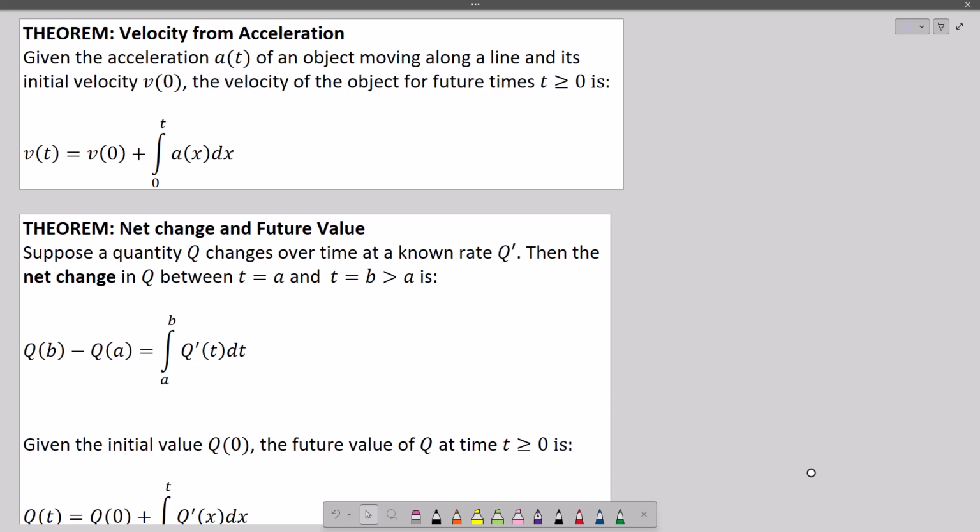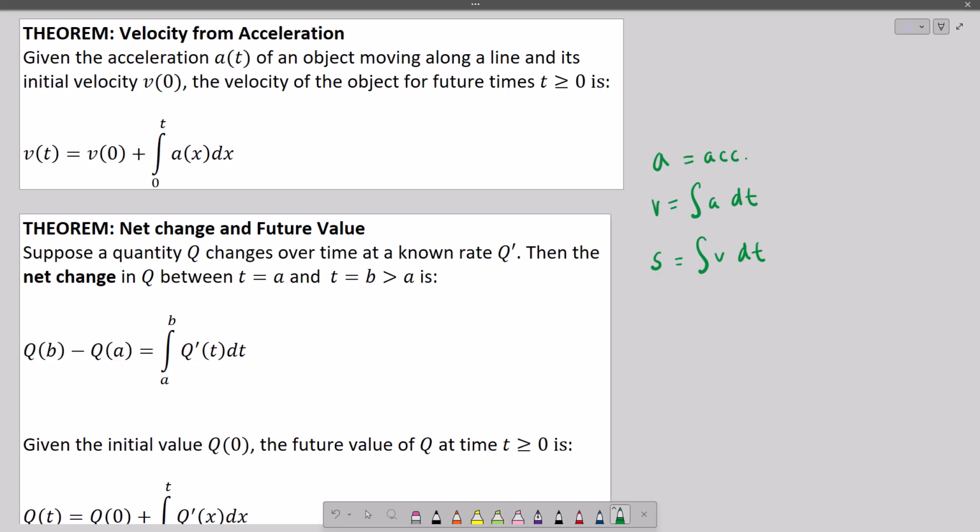If you integrate acceleration, you get to velocity. So if we start with acceleration, then velocity is going to be the integral of acceleration with respect to time, and then position is the integral of velocity with respect to time. So that's our order.